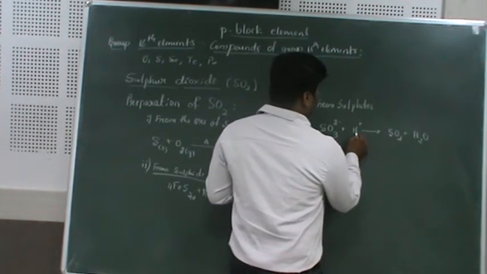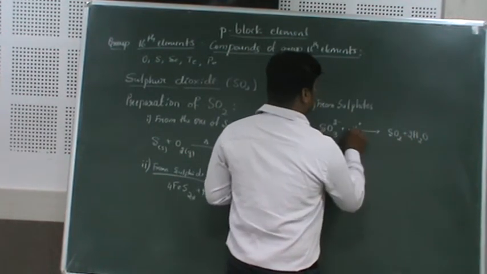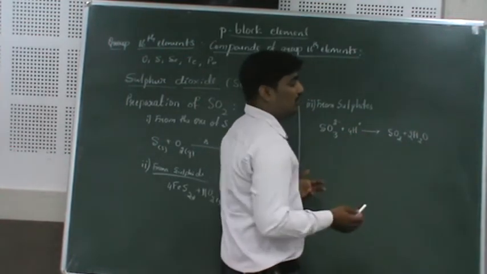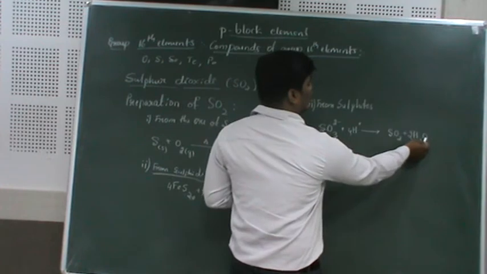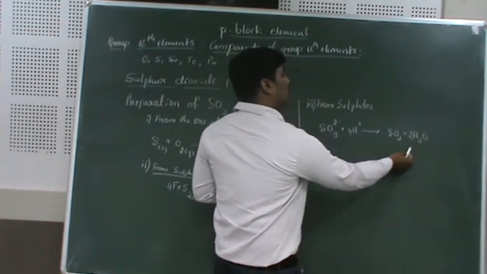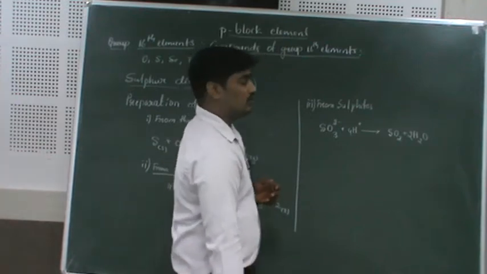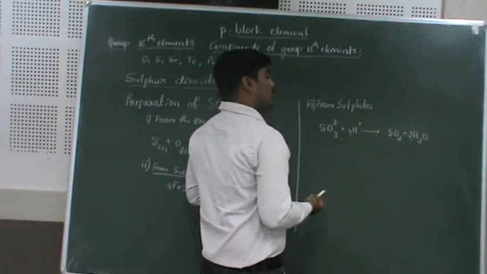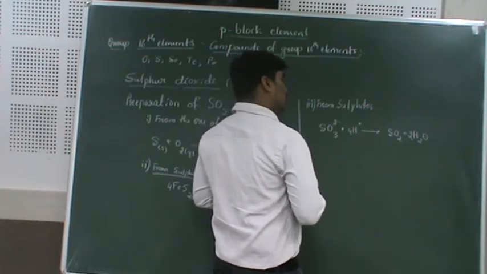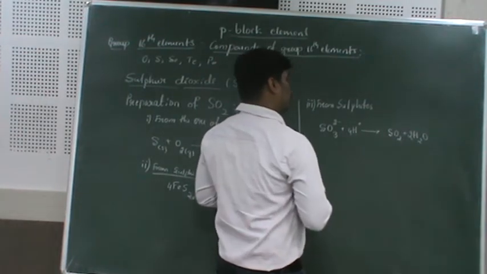Here I multiply 2, it becomes 4. To make an even number, oxygen should be an even number, therefore I multiply 2 into 2, which gives 4 hydrogen. On the product side there are 4 hydrogen, therefore I multiply the acid by 4, and it becomes 4 hydrogen.